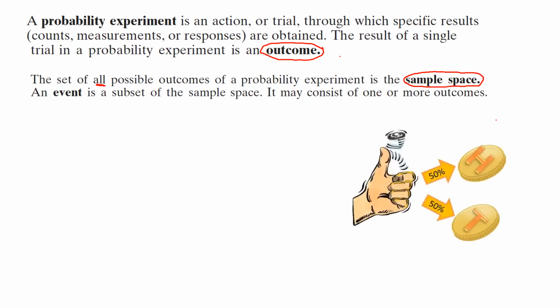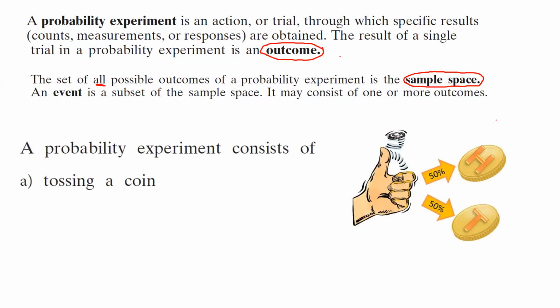For example, think about a very simple probability experiment, which is tossing a coin. When you toss a coin, you have two possible outcomes. It's either head or tail. So your sample space has only two outcomes. It might be the head or tail, not both of them at the same time.